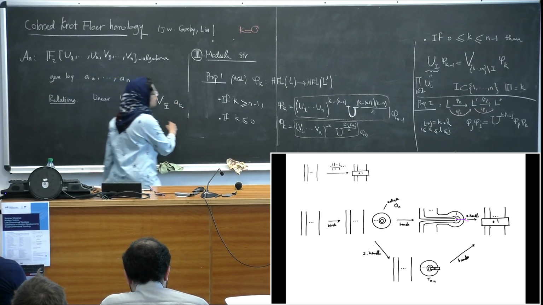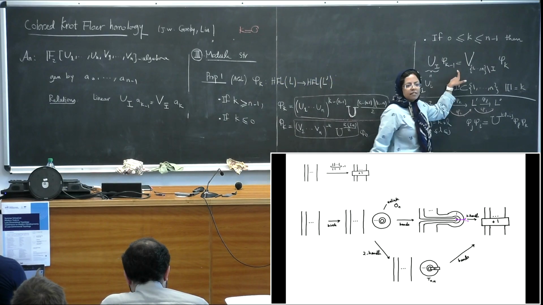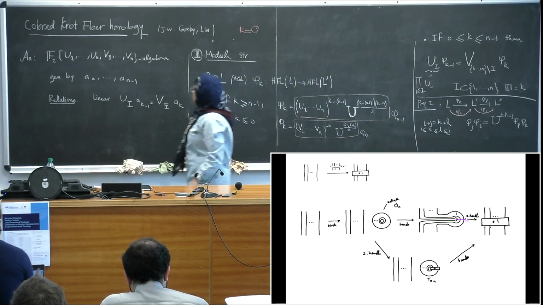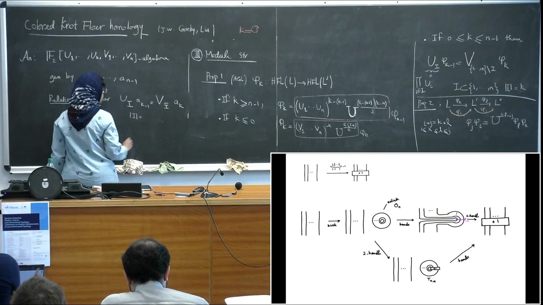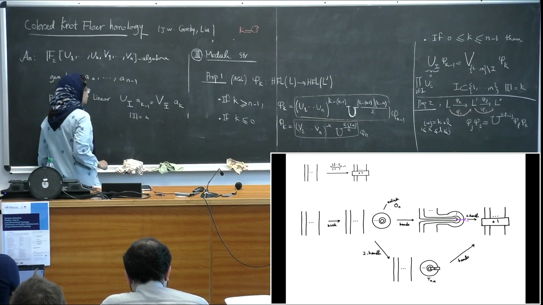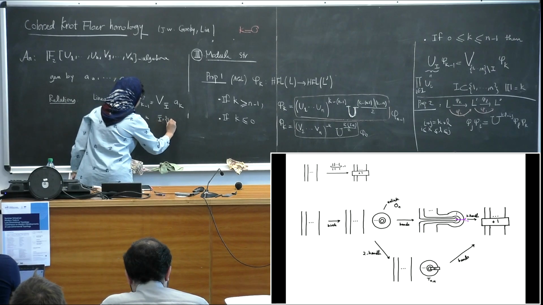Compare this with the relation here. It's exactly that. I is a subset with k elements, and I bar is the complement of that.